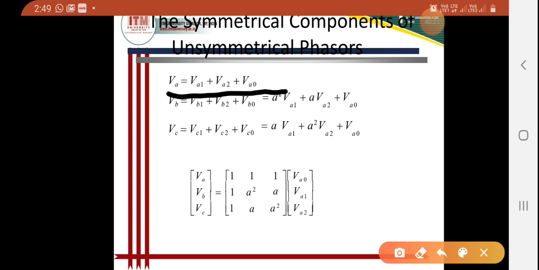So VA is VA1 plus VA2 plus VA0. Similarly, VB is VB1 plus VB2 plus VB0, and VC is VC1 plus VC2 plus VC0. These things we already know.